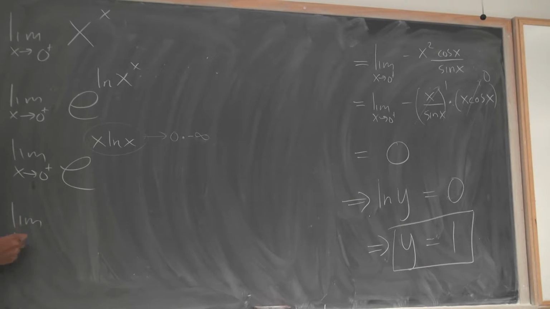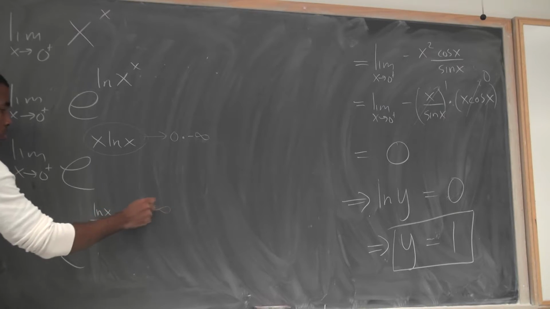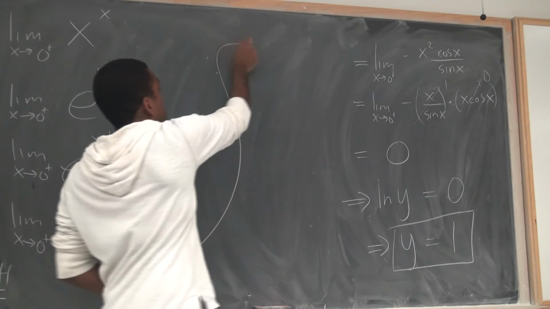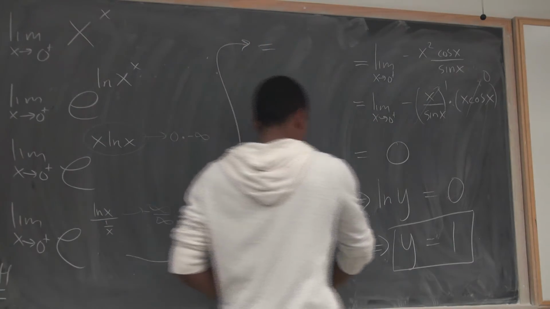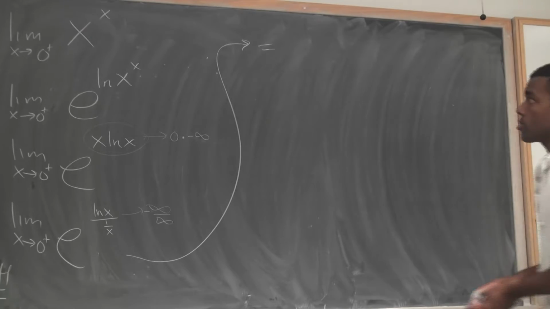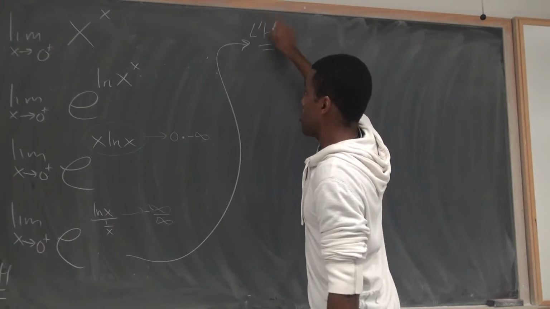So what am I going to do? You can write this as something like ln x over 1 over x. And now I have infinity over infinity in the power. Which means now I can apply L'Hopital's rule.